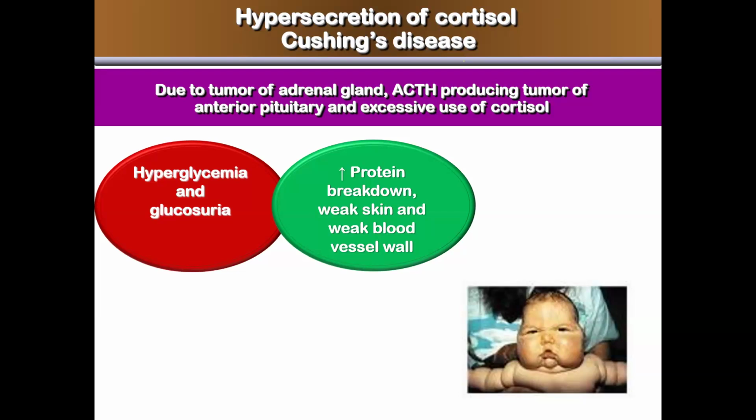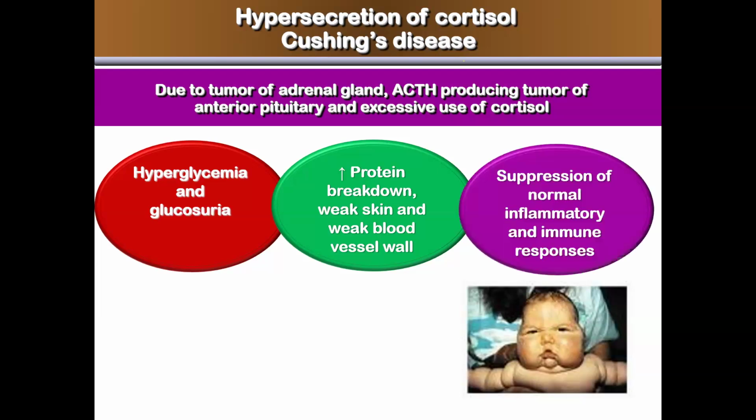As a result, there will be bleeding very easily because the walls of the blood vessels have become very weak. So just a scratch, just a small touch or just a scratch with a rough surface will cause damage to the superficial blood vessels, and this will result in minute bleeding or minute hemorrhages.